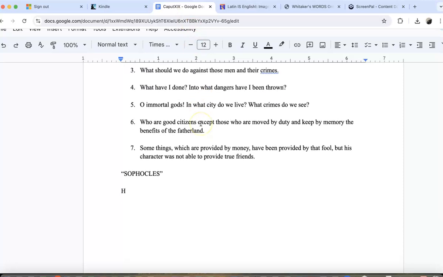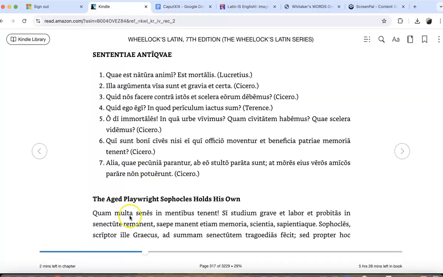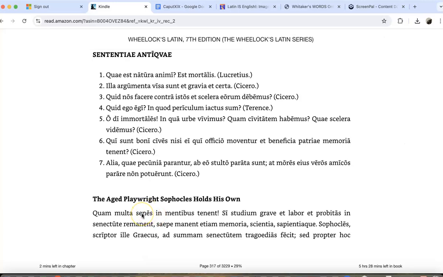So how much old people, it could be old men too, but okay, old men, retain or keep in their minds. Again, the idea here is that you need experience for wisdom. So elder people may lack the physical strength of young people, but what they lack in physical strength, they compensate for in terms of their wisdom.